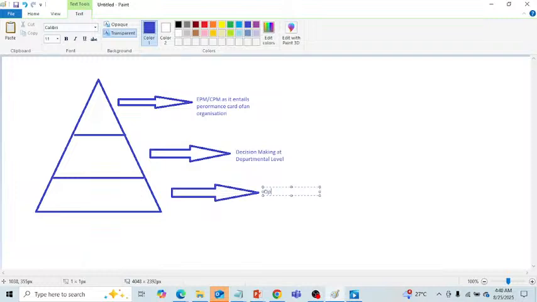So it works on the operating activities. It means it emphasizes day-to-day operations.